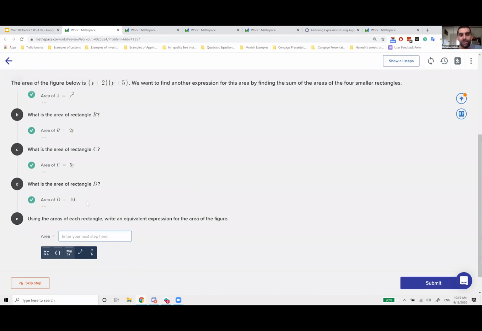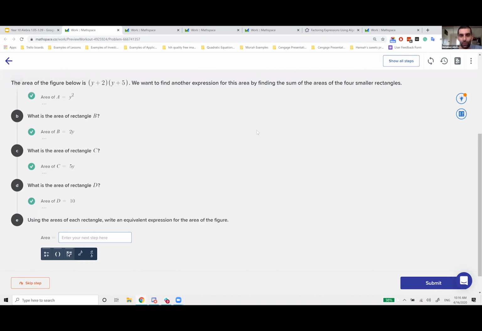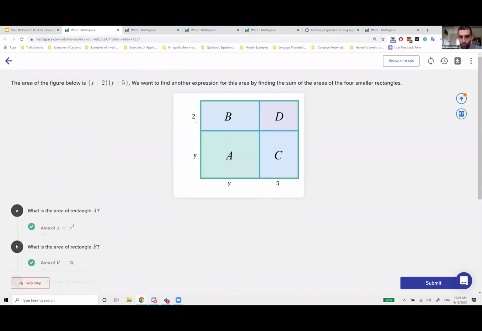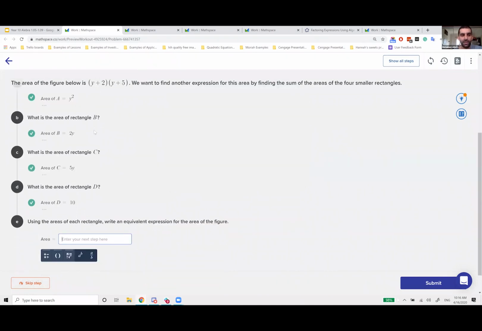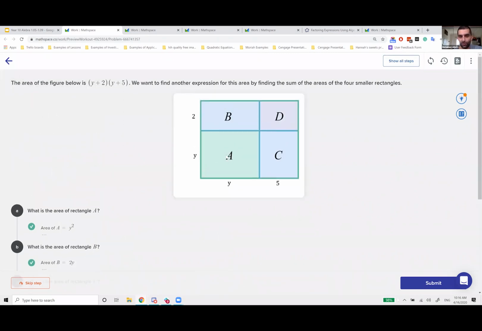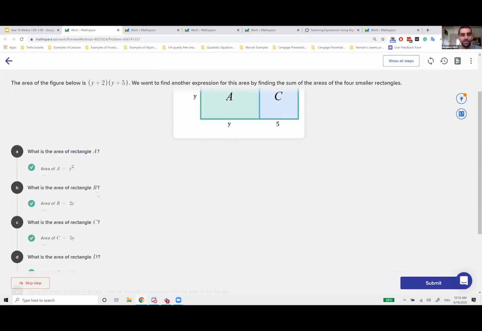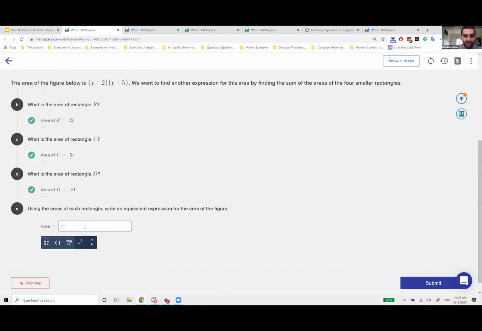So if we're now looking at the area of each rectangle, instead of saying it's y plus 2 times y plus 5, we can now look at each of these: y squared plus 2y plus 5y plus 10, because these 4 rectangles, A, B, C, D, make up the whole thing.